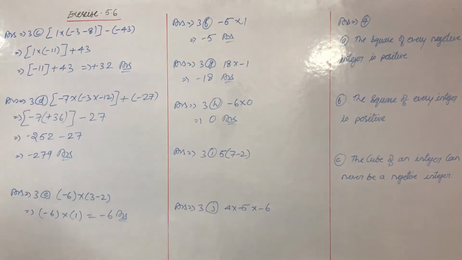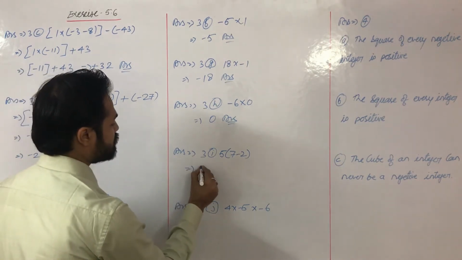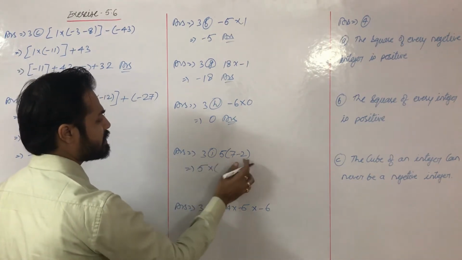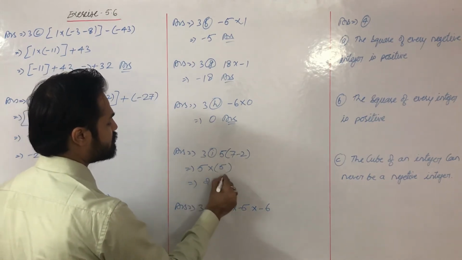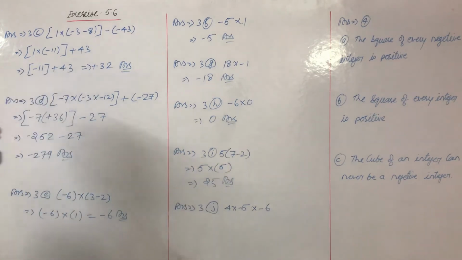Part I, 5 into, in brackets, 7 minus 2. So 5 multiplied by 7 minus 2, which is 5. So 5 into 5 is 25, and 25 is the answer. Now last, 4 into minus 5 into minus 6.